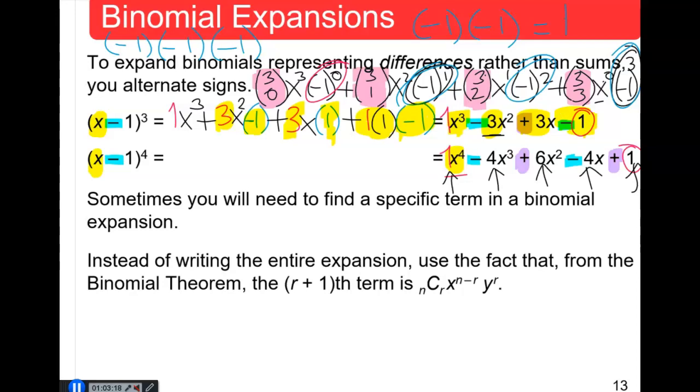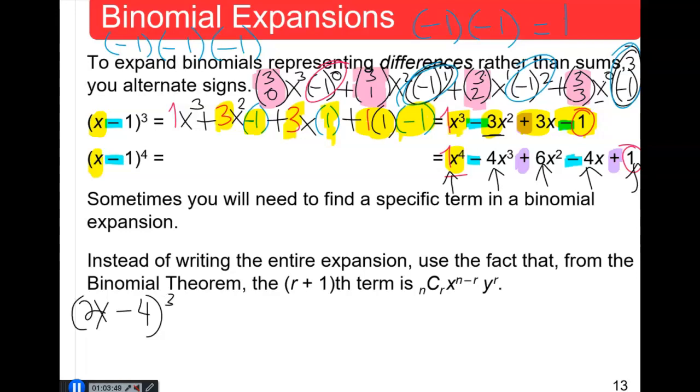Of course, this works for other expressions too. I'm going to do one more. If we had, let's say, 2x minus, let's say, 3, and we're going to raise this to the power 3. Or let's put a 4 so we don't get confused with the exponent.